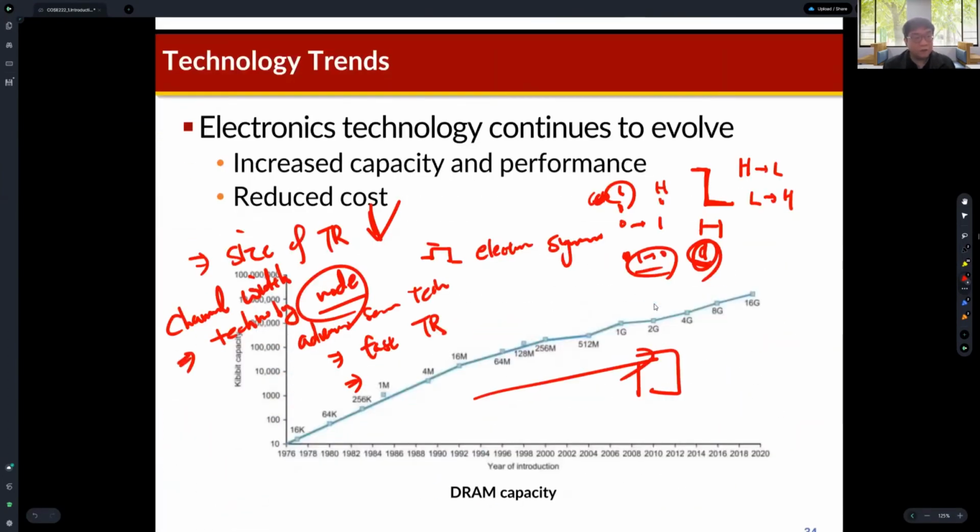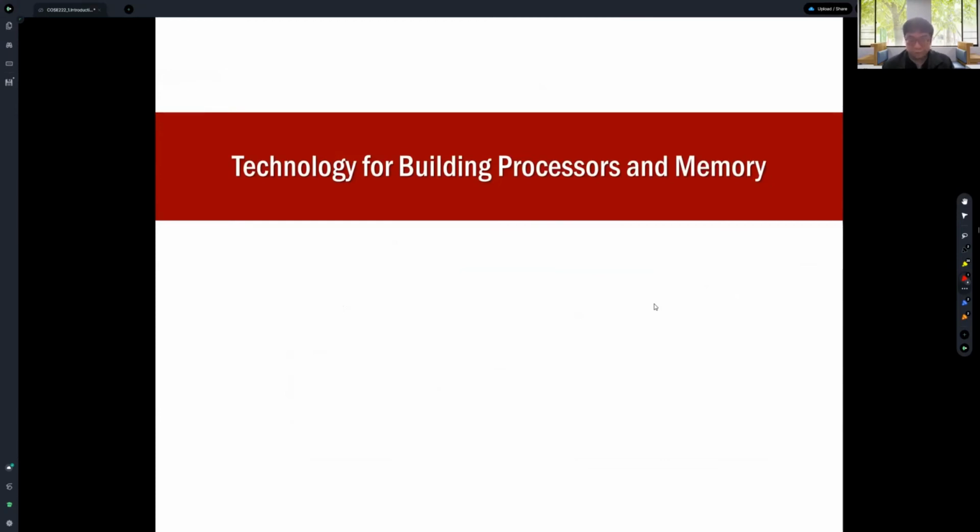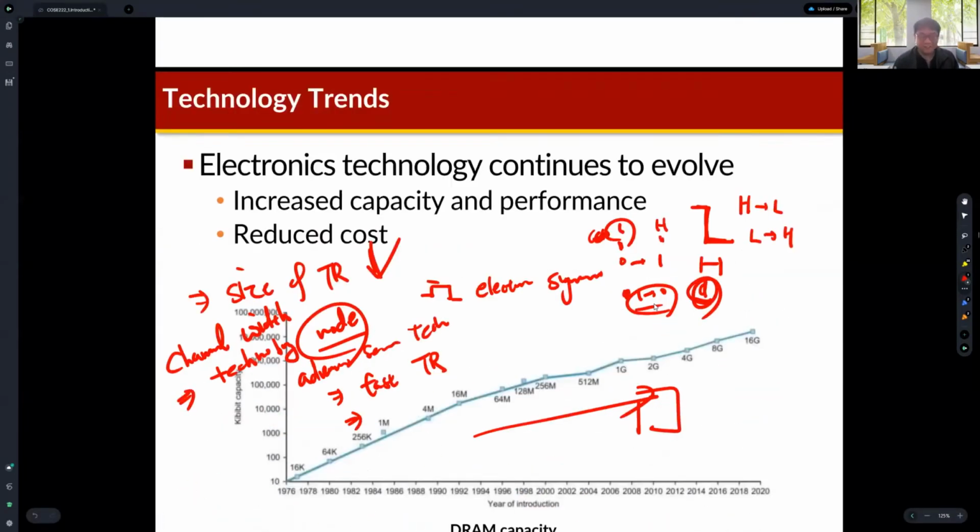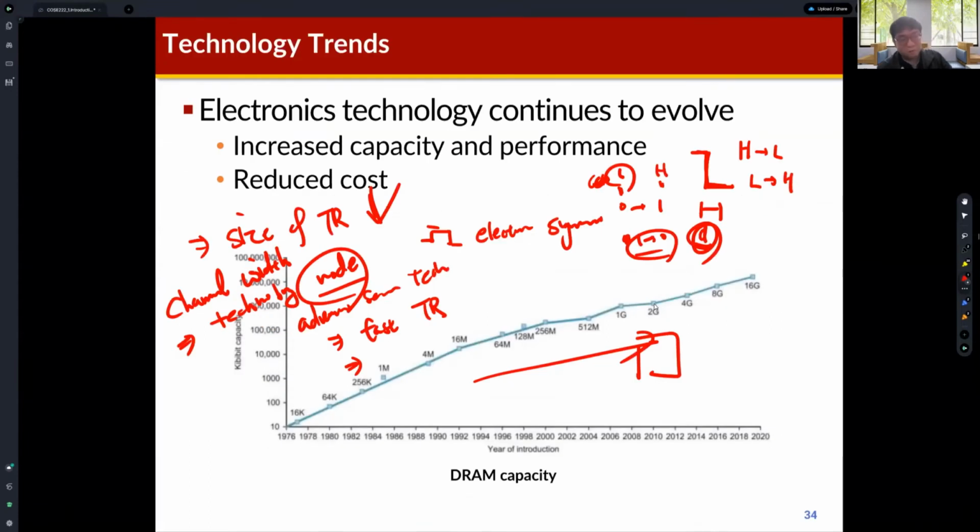As you know, computer processors are chips. That means the performance and cost of computer processors are tightly coupled with semiconductor technology.